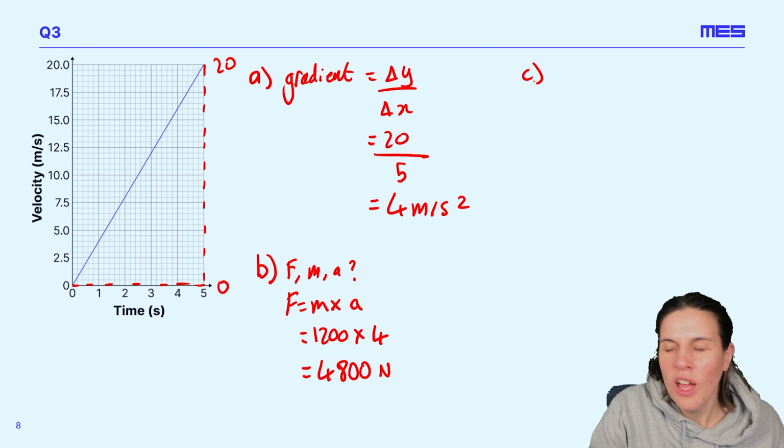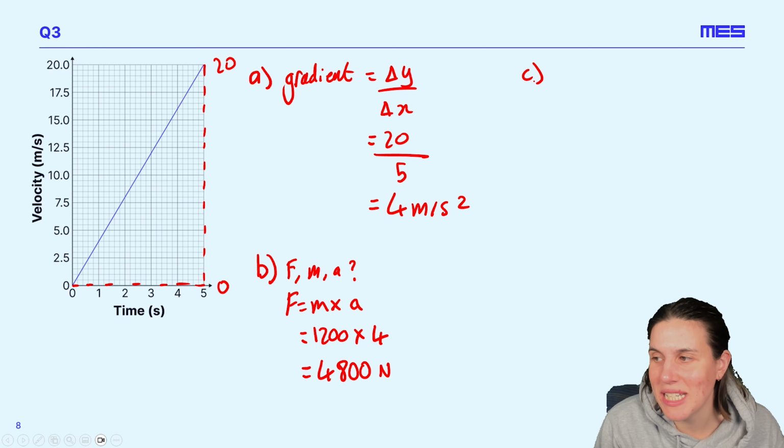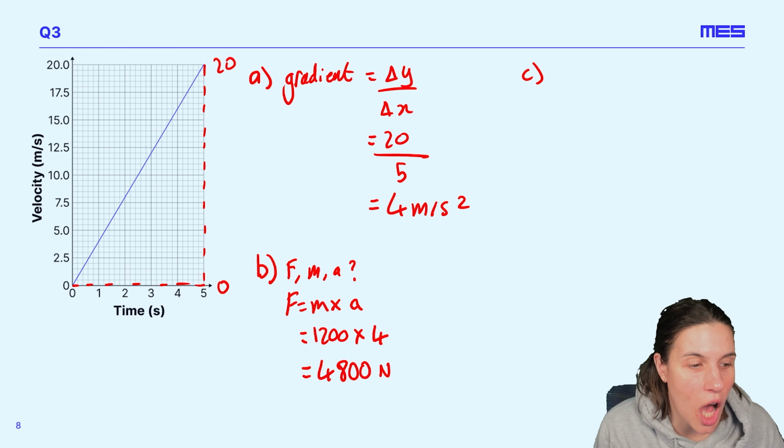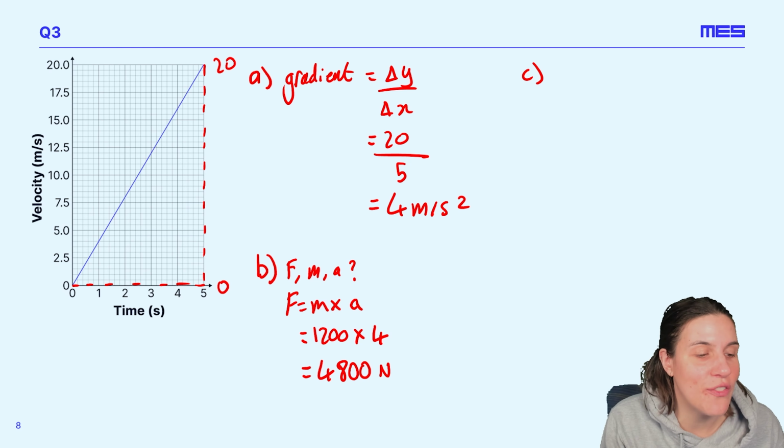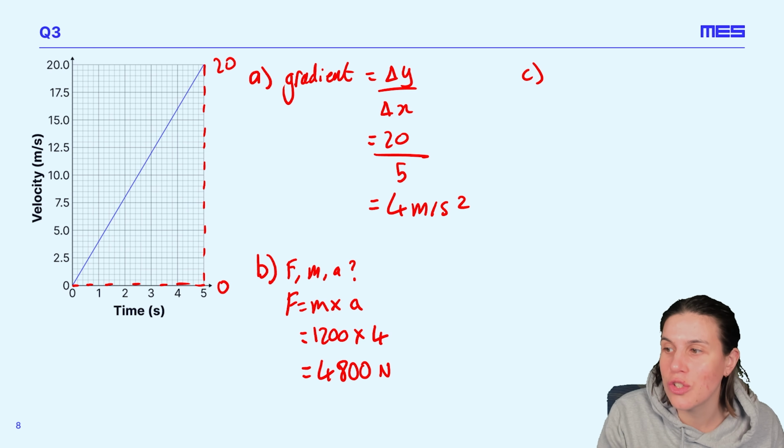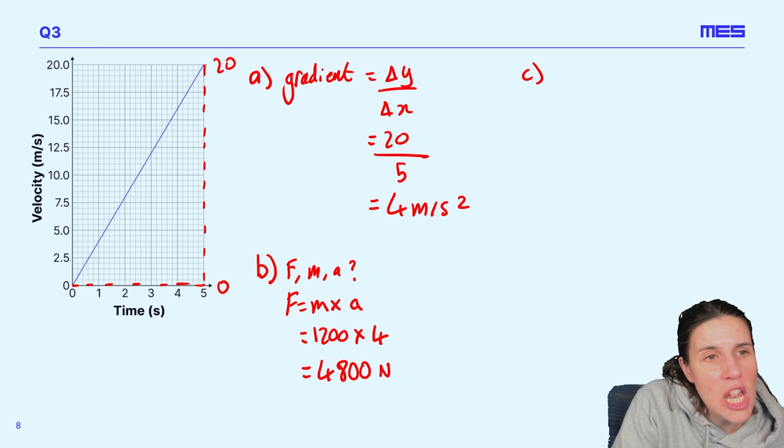Now, for part C, I'm told the car stops accelerating and travels at a constant velocity after 5 seconds. I need to describe the shape of the graph after 5 seconds. So if the car has stopped accelerating, it's going to travel at a constant velocity, which means the line is going to be straight.